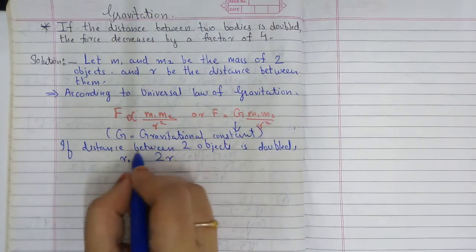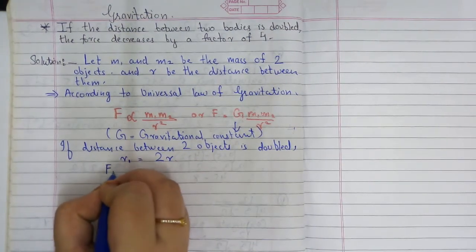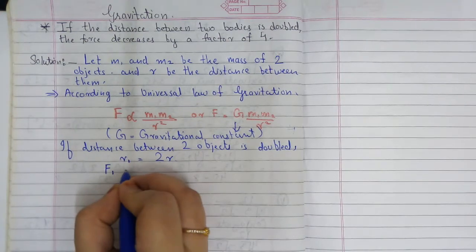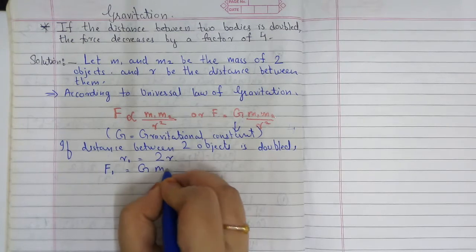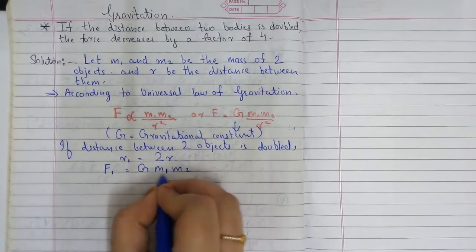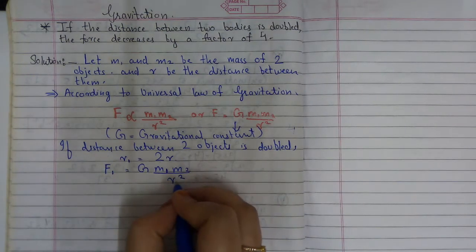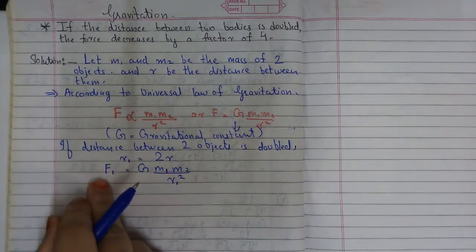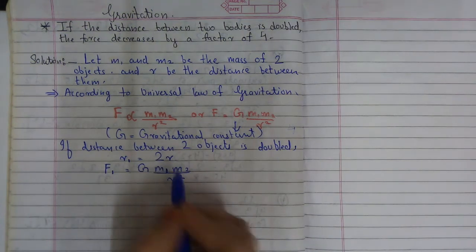Then we will put this value. Here we will consider a new force, that is F1. This is a new force. So F1 is equal to G m1 m2 upon r1 square. Here the new force is there and the new distance is there. So here we will put the r1 value as 2r.